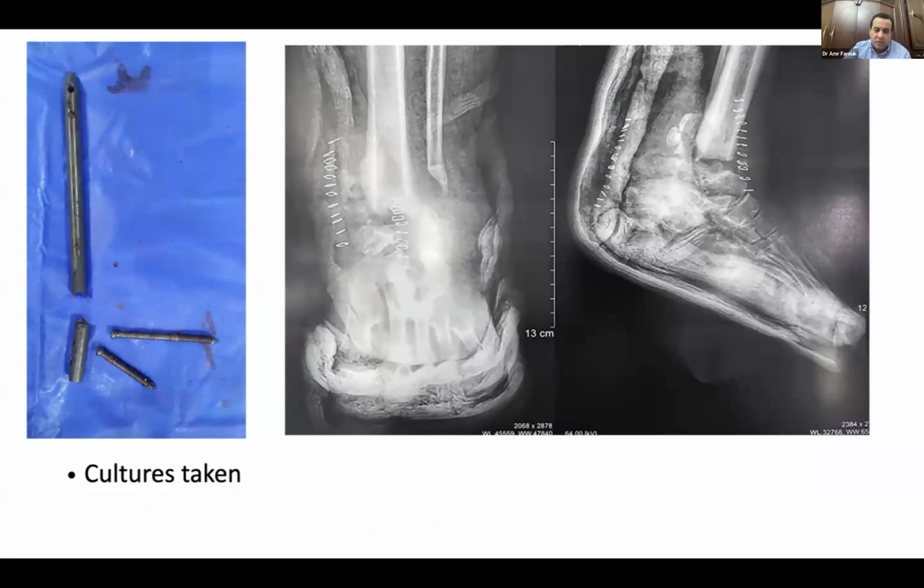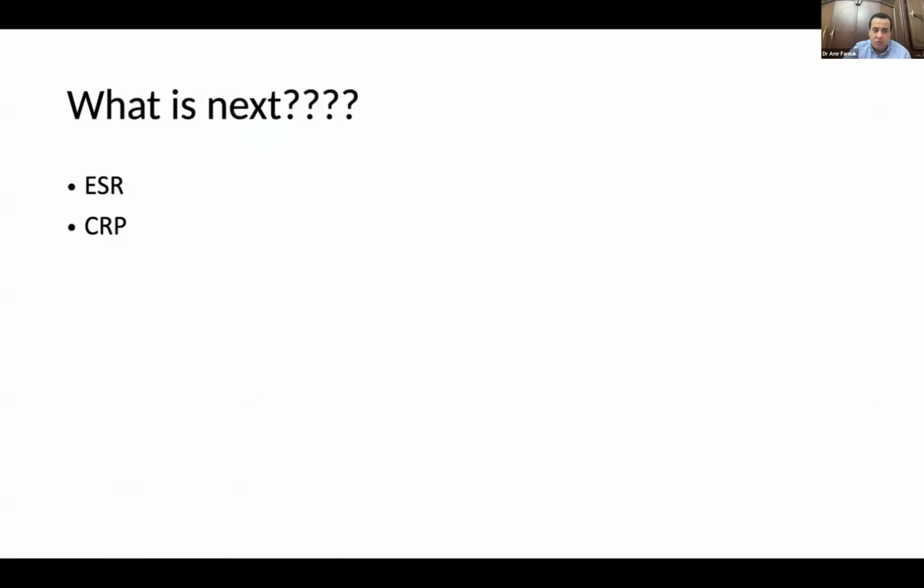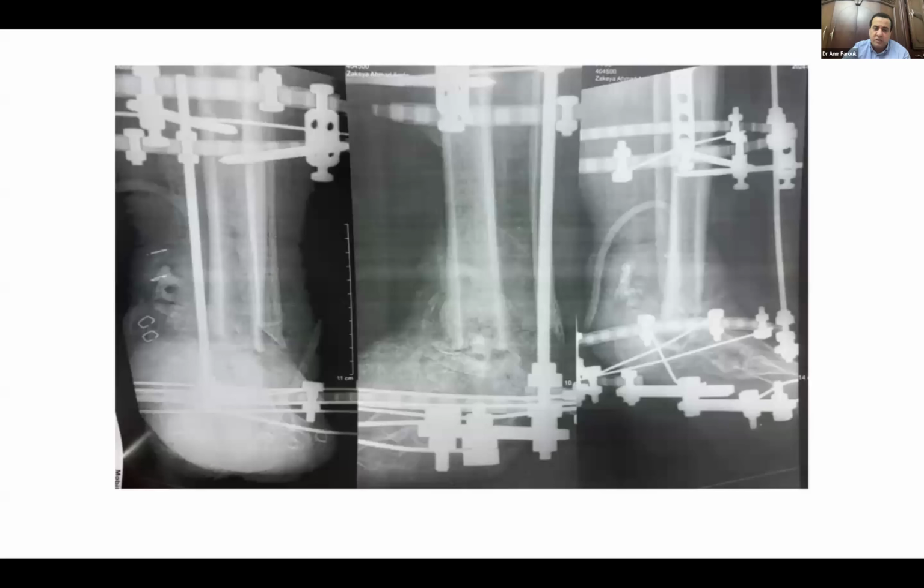Of course, the patient had antibiotics, and we followed her up with ESR and CRP, and then I referred her to one of my colleagues who does Elizarov external fixation, like what you have said, and this is how it ended, by removing part of the segments and shortening using an Elizarov frame like this.